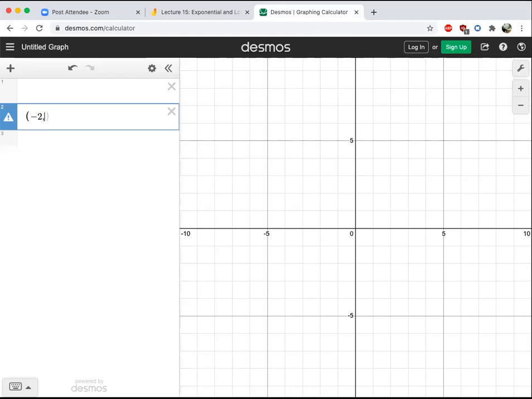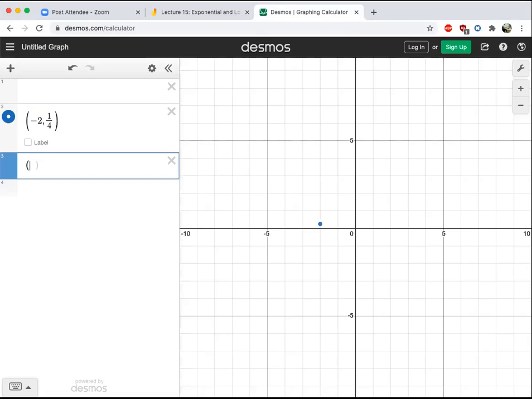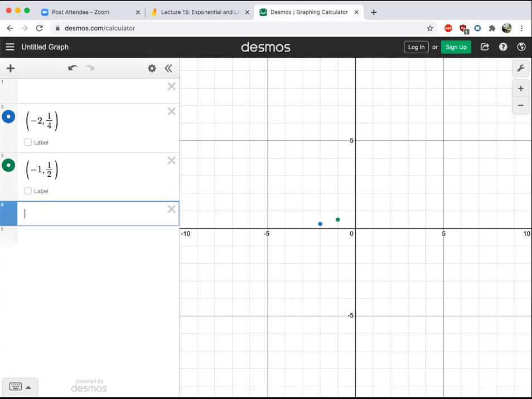So if we plug in -2, remember how we got 1/4? So there's that point. If we plug in a -1, we got 1/2 or 0.5, same thing. We plugged in 0 and we got 1.